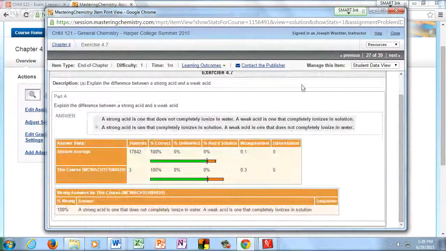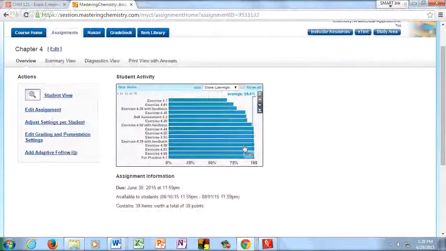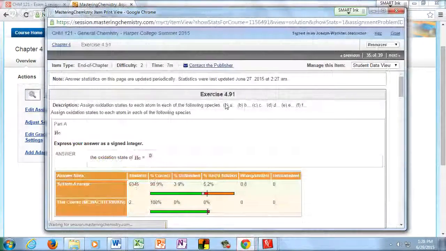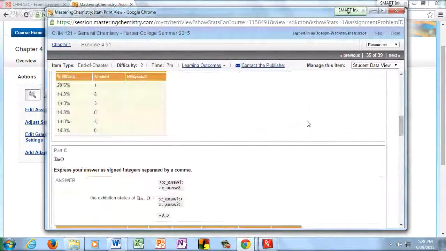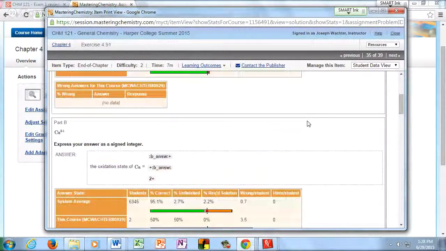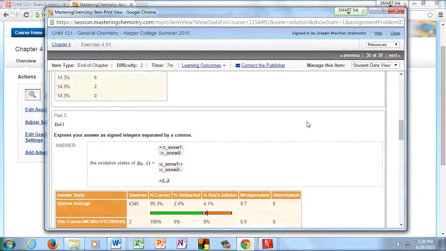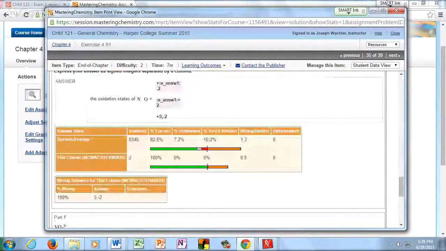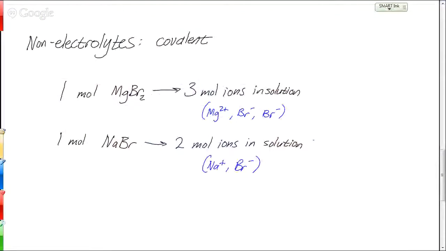Oh, the definition of strong acid and weak acid. So you had a 50-50 shot now. All right, we went through that earlier, so that's all right. All right, what else? Anything else?